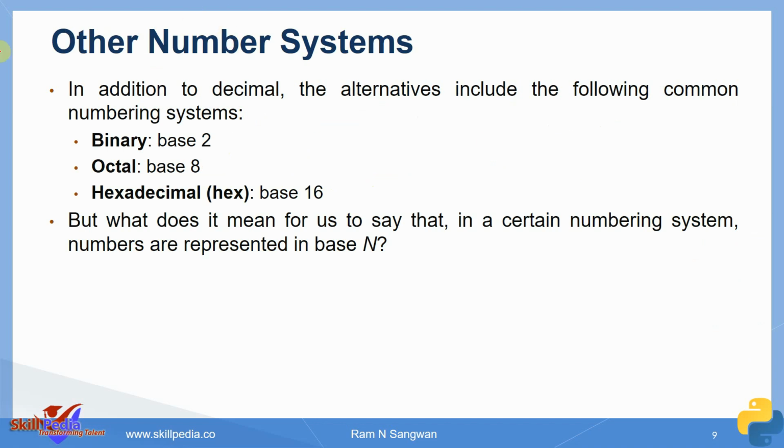There are other number systems. In addition to decimal, the common alternatives include binary, that is base 2, octal, which uses base 8, and hexadecimal, which uses base 16. The base 16 or base 8 actually means how many digits you are taking at a time.